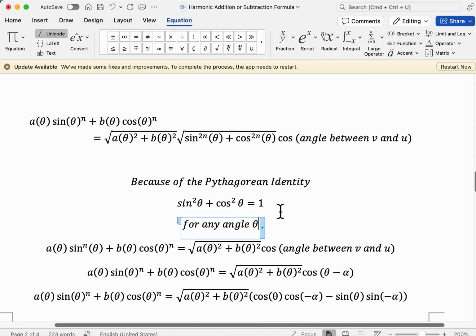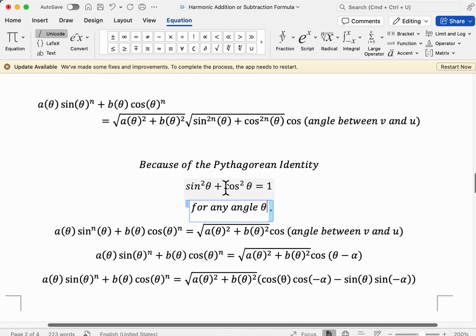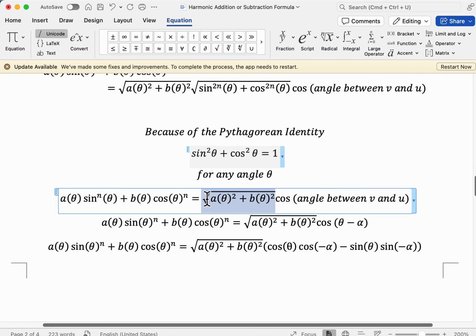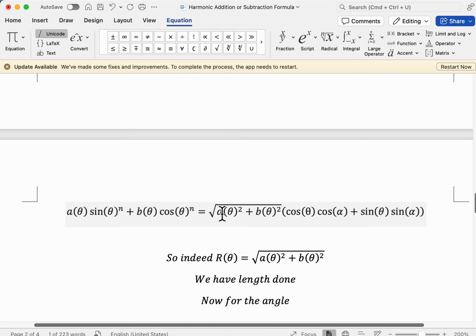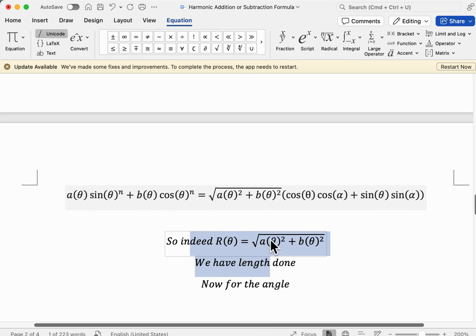An identity is essentially an equation where both sides are necessarily true for any universe you're dealing with. And given this, the stuff basically cancels out to 1. So indeed, the radius or length of the vector we're dealing with is the square root of a of theta squared plus b of theta squared, as we wanted.